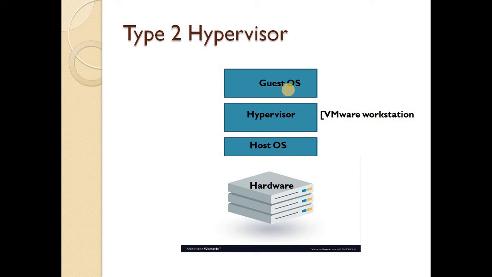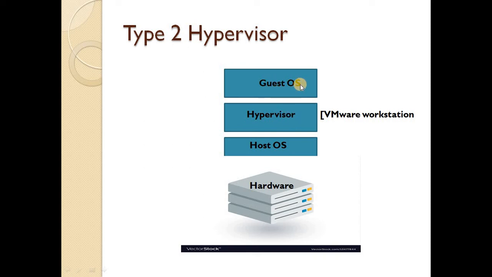And one more difference, if you have noticed over here, in type 2 hypervisor, the guest operating system will not have direct access to the hardware. Why? Because over here, the guest operating system is installed on top of the hypervisor, not on top of your host. That means over here, the host operating system is first installed, then the hypervisor is installed.